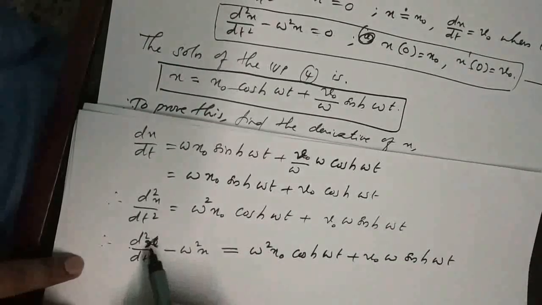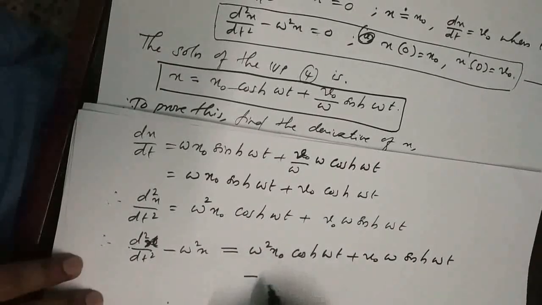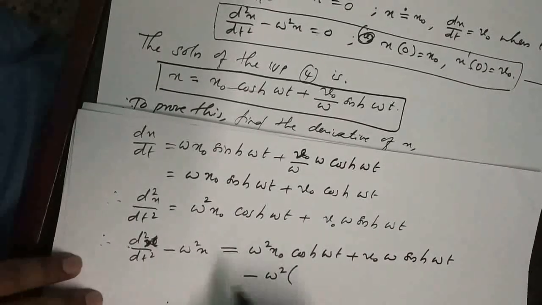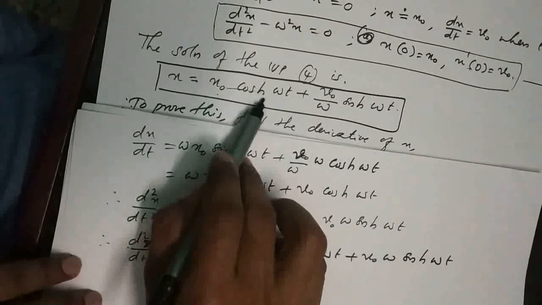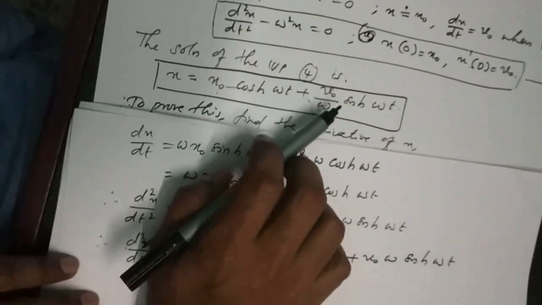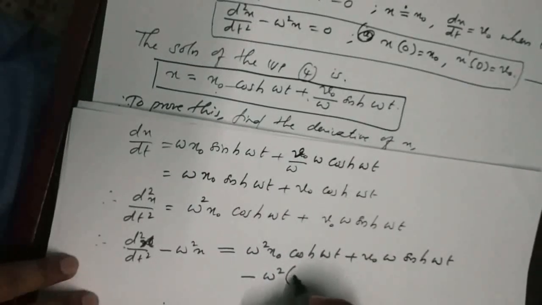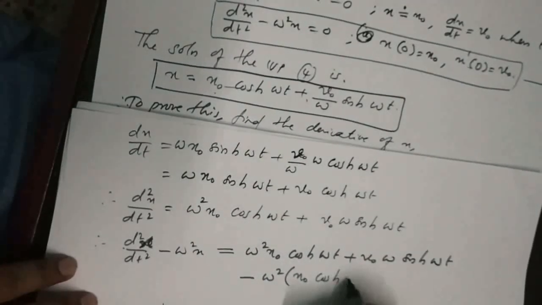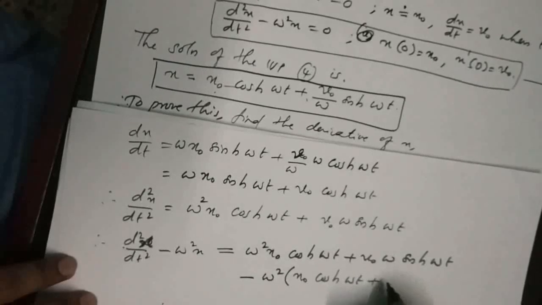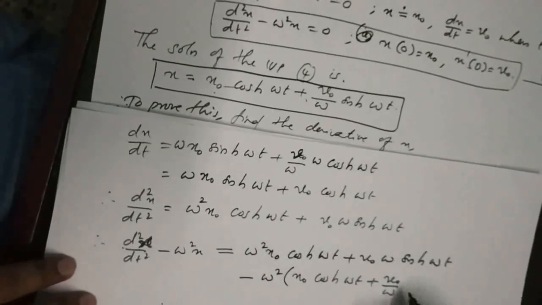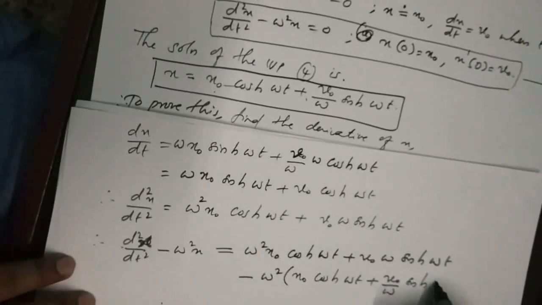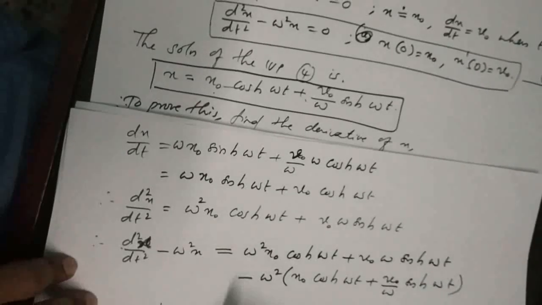This is d square x by dt square minus omega square into x. x is this, x naught into cosh of omega t plus v naught by omega sinh of omega t. So replacing this, we need to get it 0.